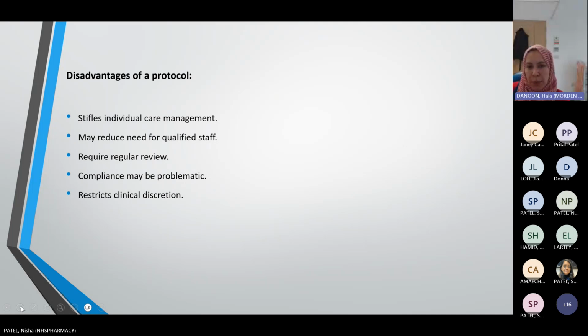And when we moved to primary care, we did not have that SOP in our work. So we felt like actually we might be given too much clinical freedom to make decisions. So protocols, again, might give that feeling to some staff that it restricts their clinical judgment. Next one, please.